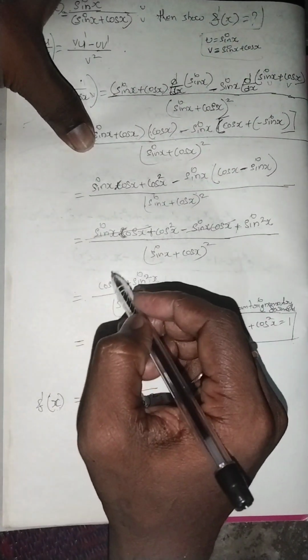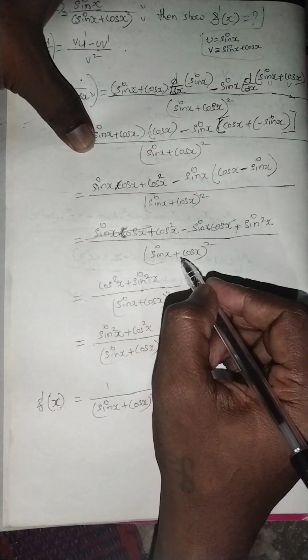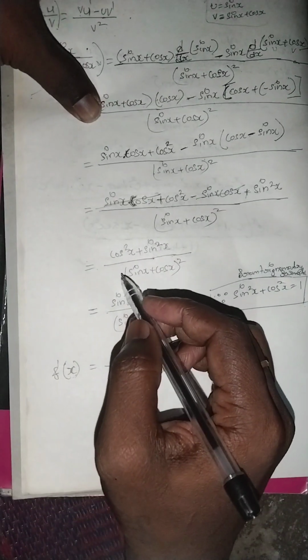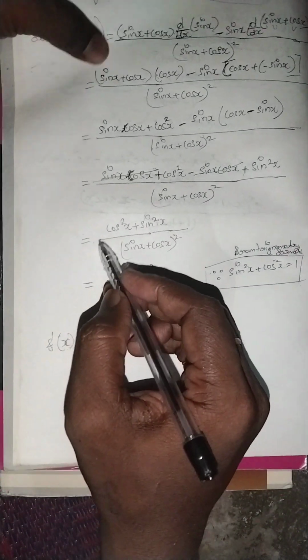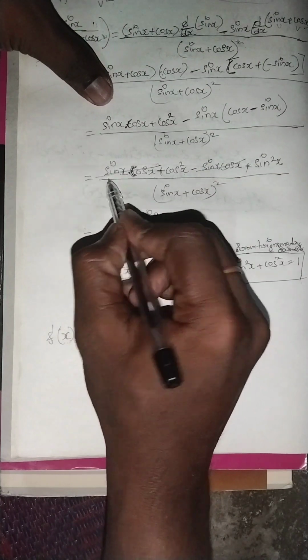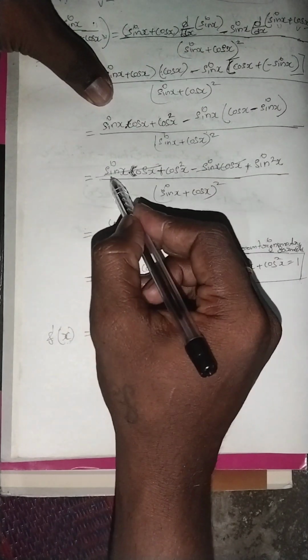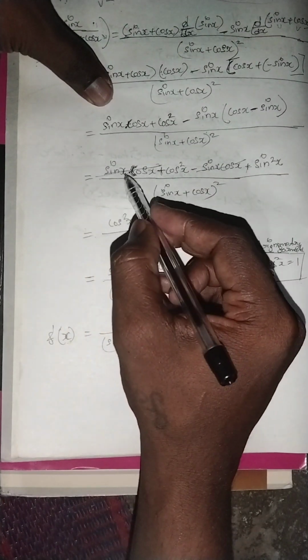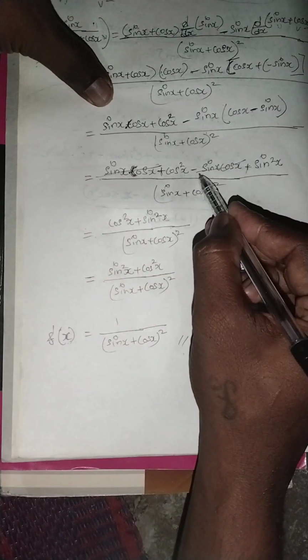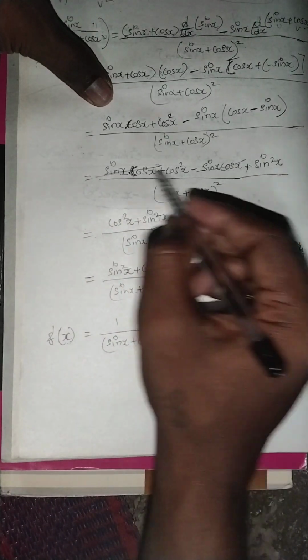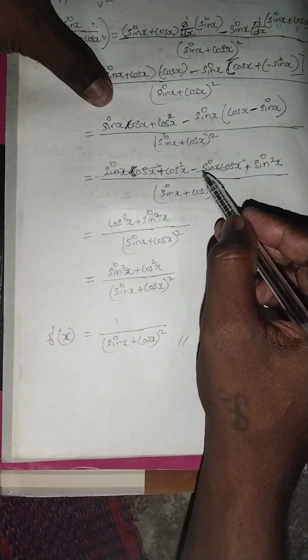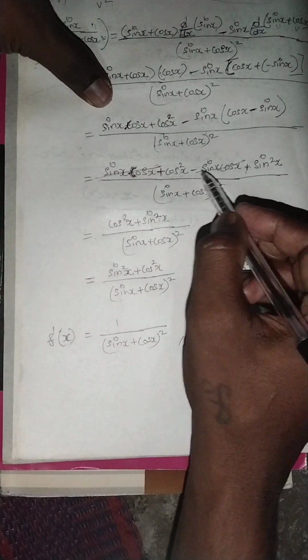Then sin x plus cos x whole square equal to, I cancel this: sin x into cos x minus sin x into cos x, plus sin x into cos x, plus minus sin x into cos x. I cancel these two.